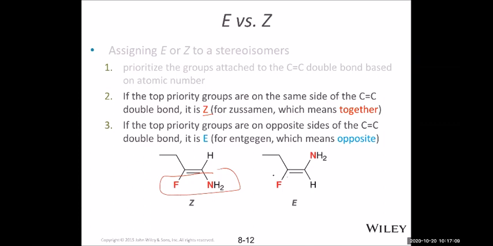If the high priority groups are on opposite sides of the double bond, then it is E, from entgegen, meaning opposite. So the E and Z designation is related to cis and trans. Z, together, means the hydrogens are on the same side of the double bond, that's cis. E means the hydrogens are on opposite sides, that's the same as trans.